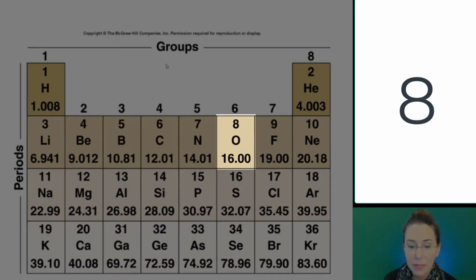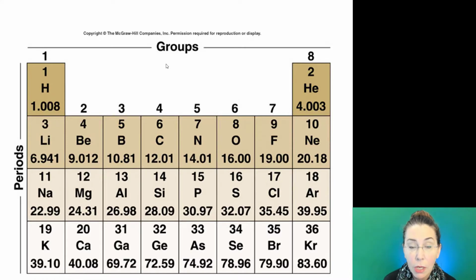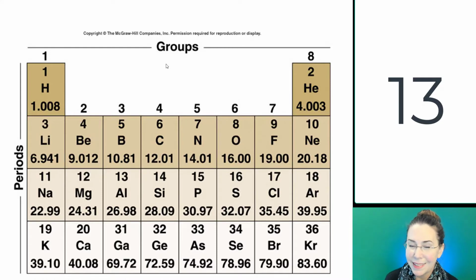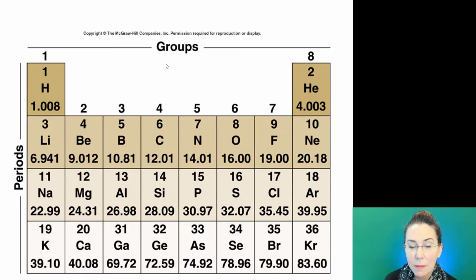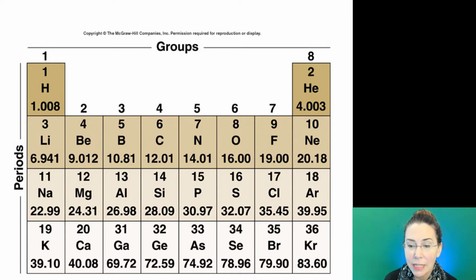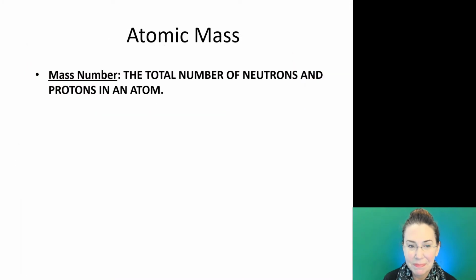What's the atomic number for aluminum? Great, we're getting the idea. This would also be the number of protons in those atoms. So I could also ask you, how many protons are in nitrogen, whose symbol is N? That would be 7. How many protons are in sulfur, whose symbol is S? That would be 16.